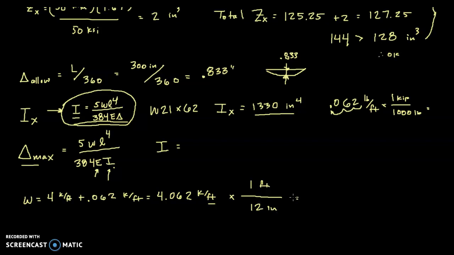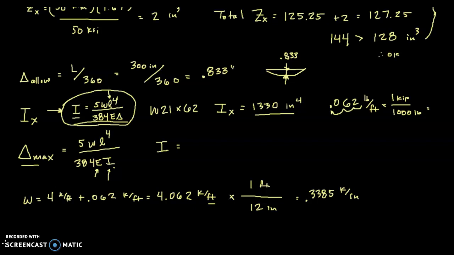And so I'm effectively going to be dividing by 12. 4.062 divided by 12 is equal to 0.3385 kips per inch.